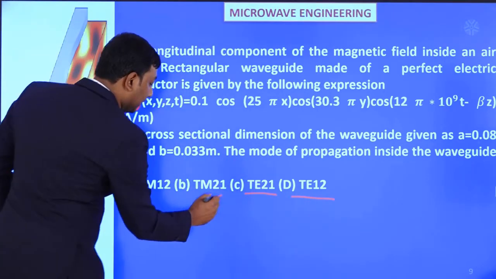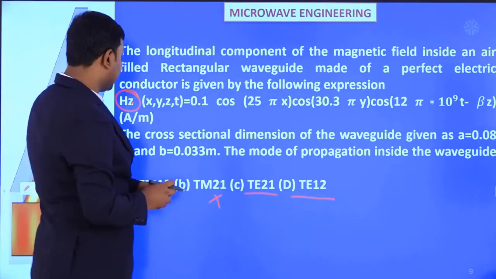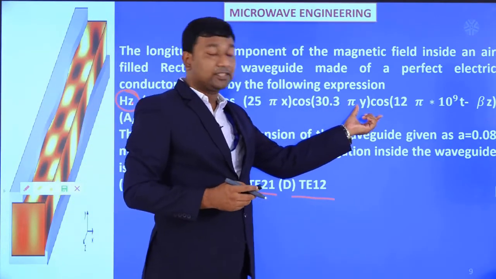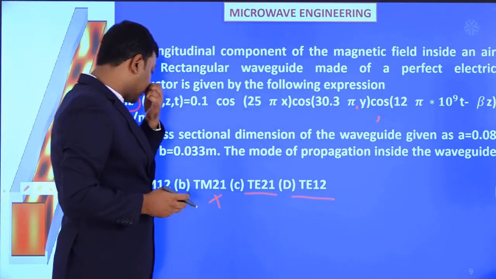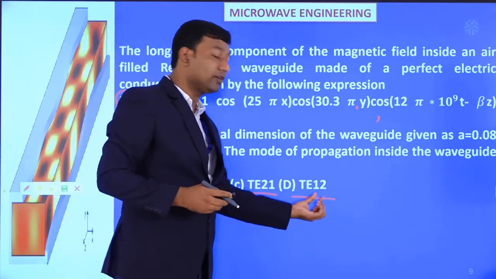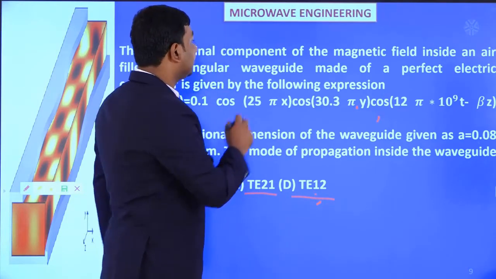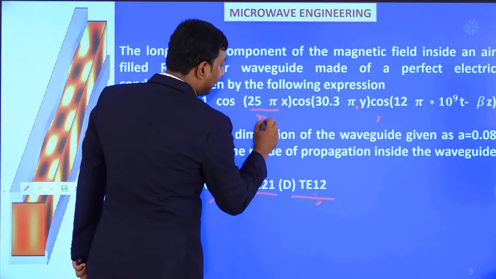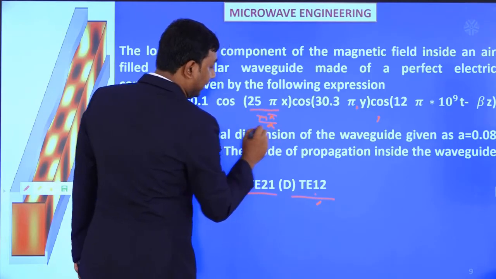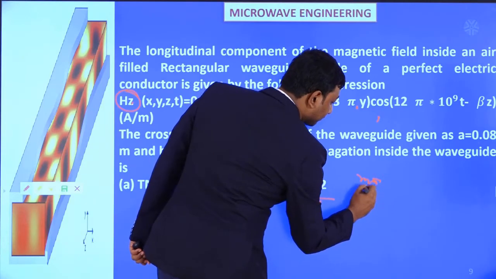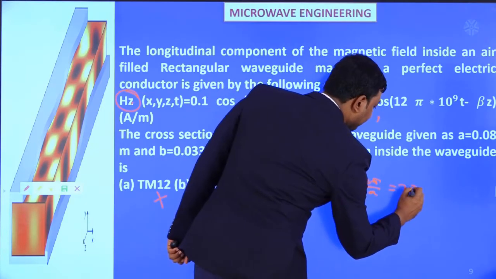Because the magnetic field is in the z direction, the electric field component will be 0. So mode of propagation will be transverse electric. Okay. Now we'll find out the value from, we know this one is cos m pi by A, cos m pi by A. Okay. So m pi by A is 25 pi. Okay.